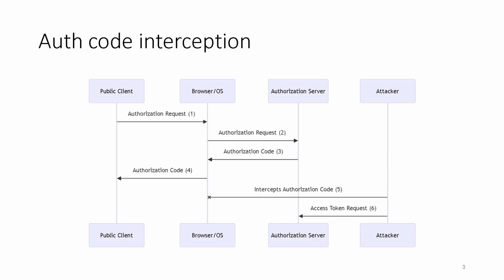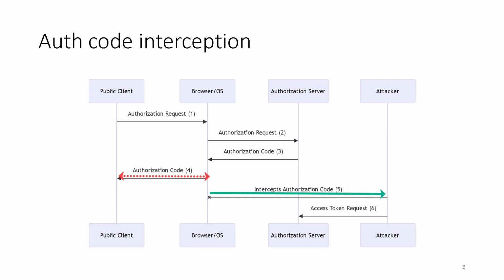Now, the browser operating system returns the authorization code to the public client via the redirection endpoint URI. The attacker intercepts the authorization code within the communication path that is not protected by TLS, such as intercommunication between their internal applications, which is easy to do.